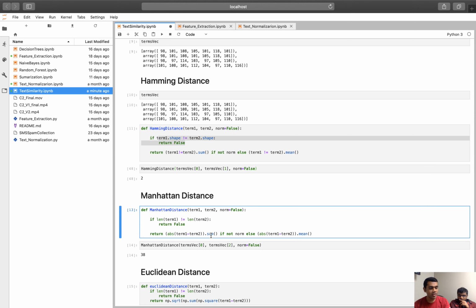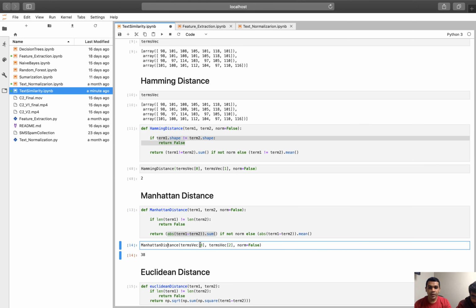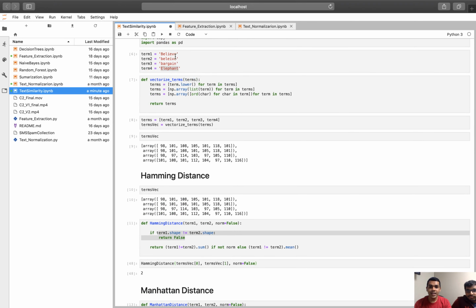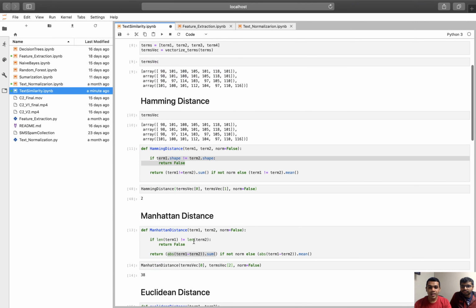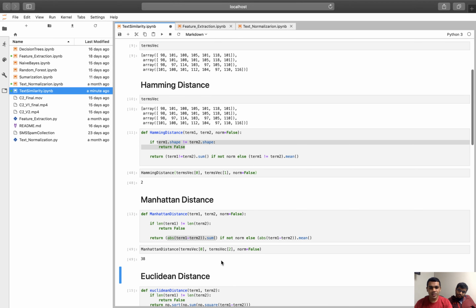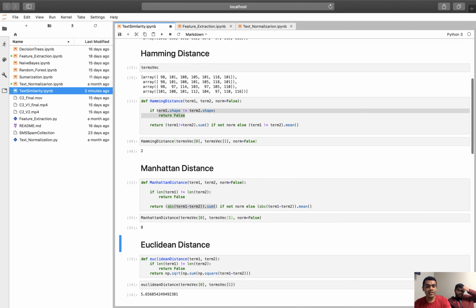It's a good thing to always take the absolute value when you are doing the sum. The Manhattan distance between term 0 and term 2, that means believe and bargain, is 38. So going by these values, as the value increases, the similarity decreases. As the value is closer to 0, that means the two strings are similar.